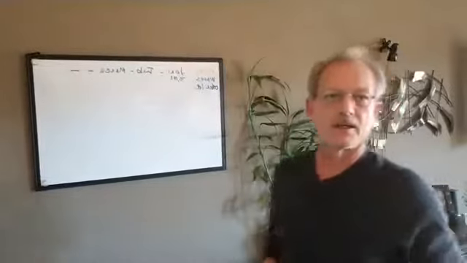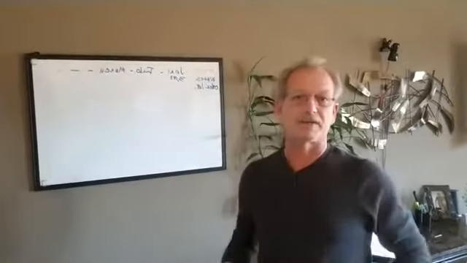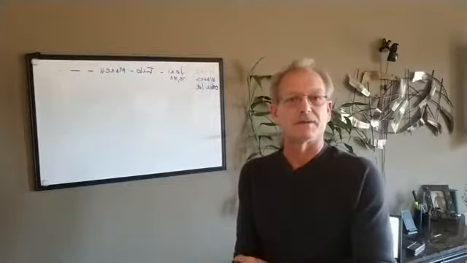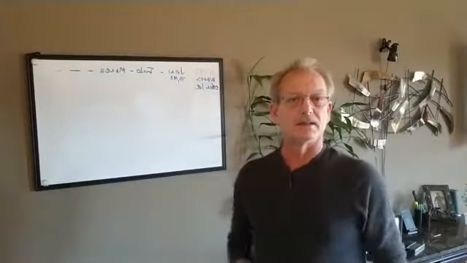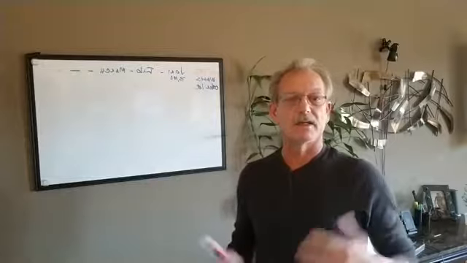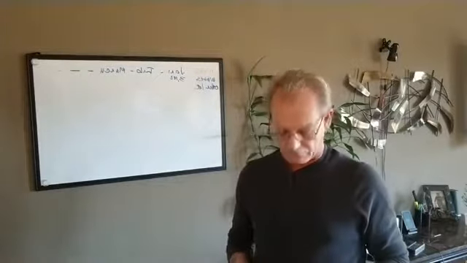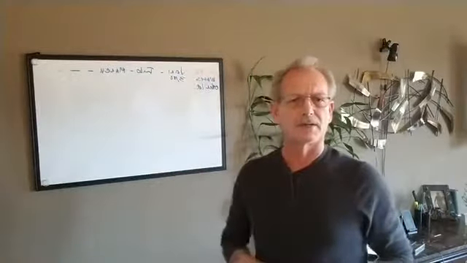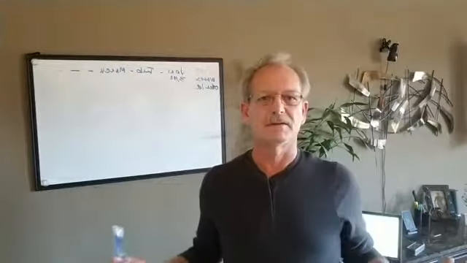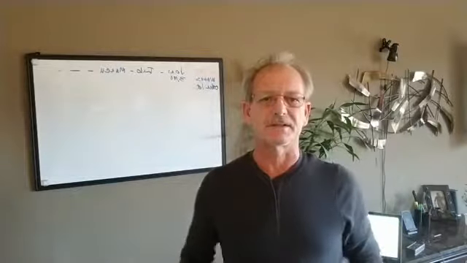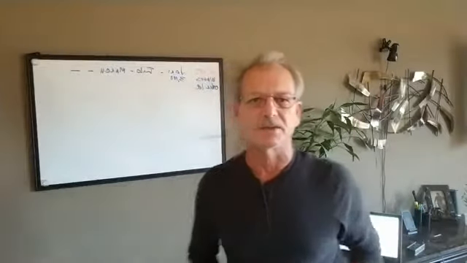Now, other income is maybe you have some stocks and you get dividends from those. Maybe you have an interest-bearing savings account and you're getting income that way. I accrued $12.74 in interest on a savings account last month.